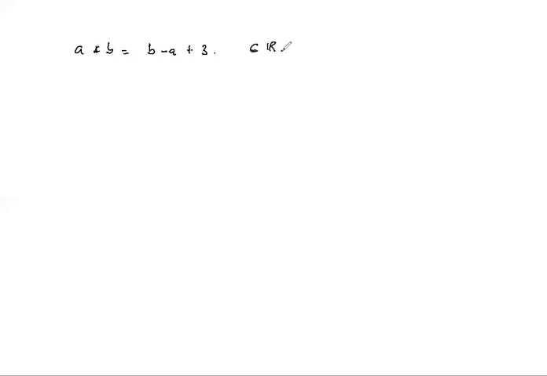We know that commutativity implies A star B should be B star A. Now A star B is known, we have it there. So let's pick a B star A. So B star A is going to be A minus B plus 3. Okay? So is this the same as B minus A plus 3?